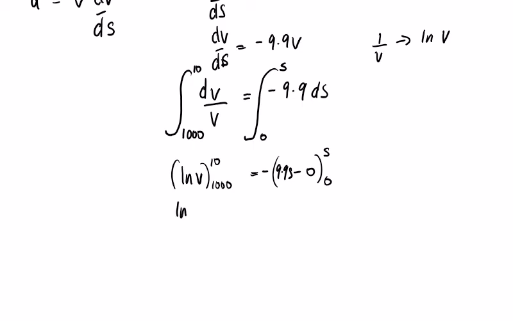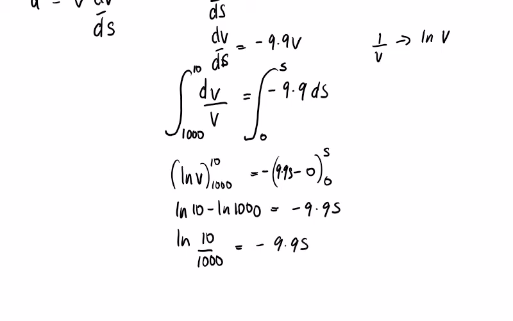So that will leave us with the natural log of 10 minus the natural log of 1000 is equal to minus 9.9 s. So the natural log of 10 over 1000 is equal to minus 9.9 s.